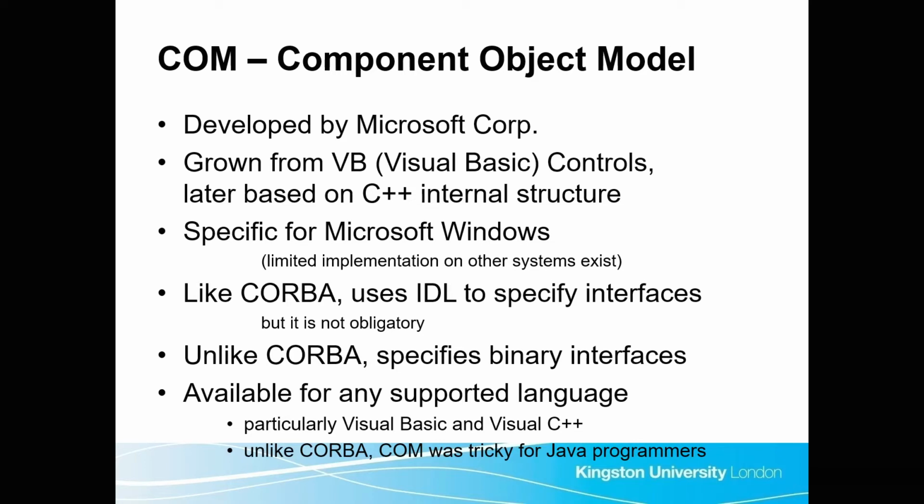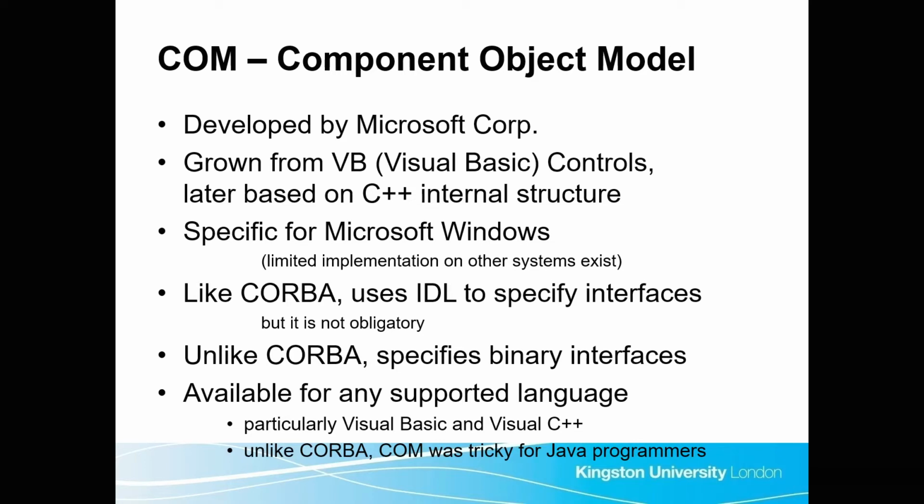And very much unlike CORBA, COM specifies binary interfaces. So actually any language, any platform that can generate an interface that conforms to the binary standard of COM might be easily integrated into the ecosystem of COM.